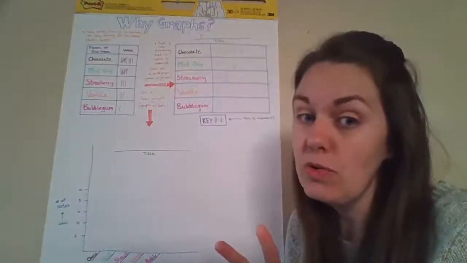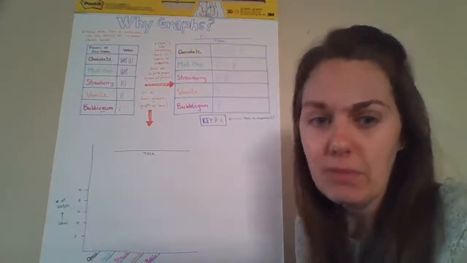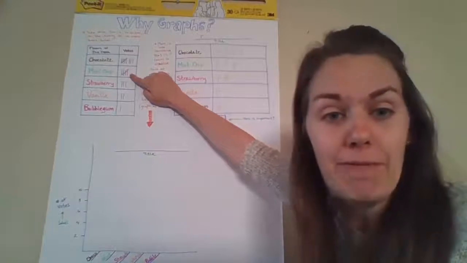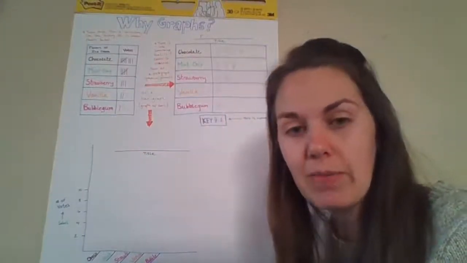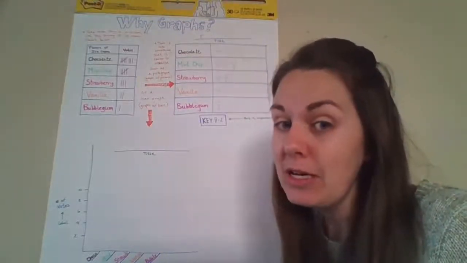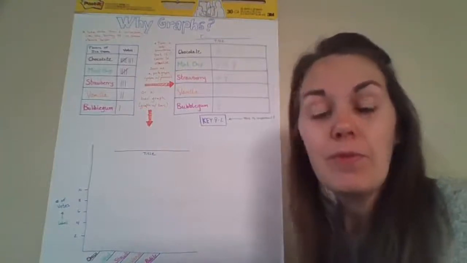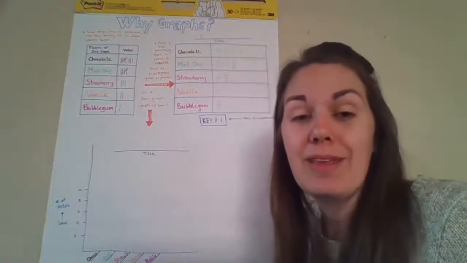So I chose 2, and you may be asking, well, what about the odd numbers? We have 1, 3, and 5, and if each picture represents 2, how am I going to be able to show 5? That's a really good question, and one that we are going to be going over in just a minute. First thing with your pictograph is it's nice to give it a title.